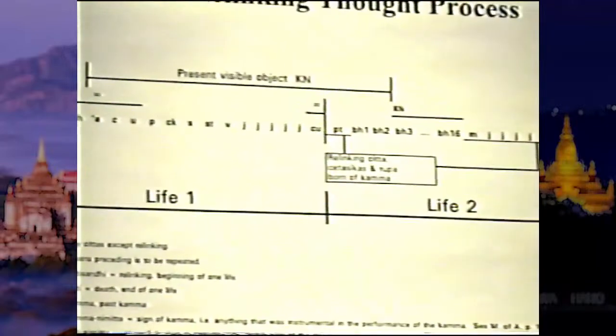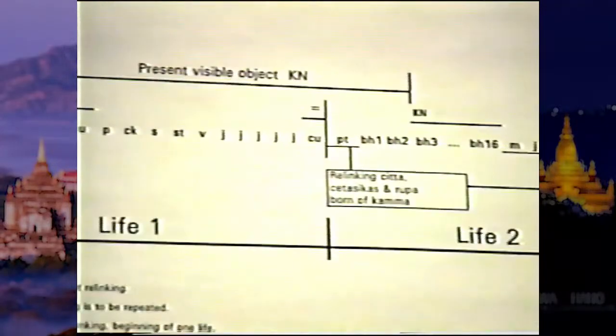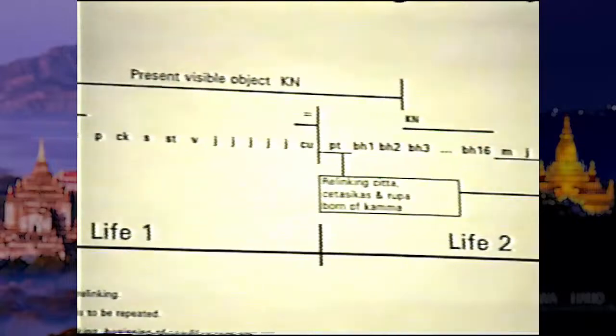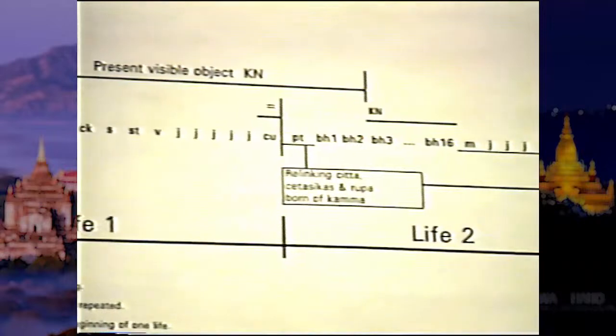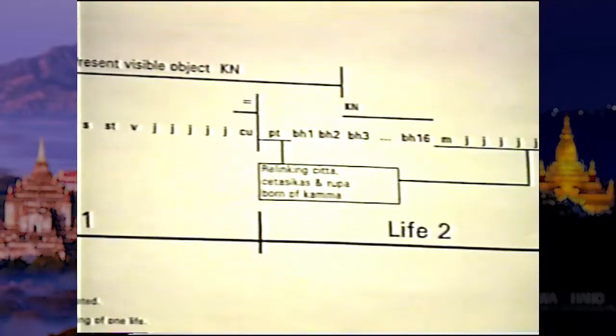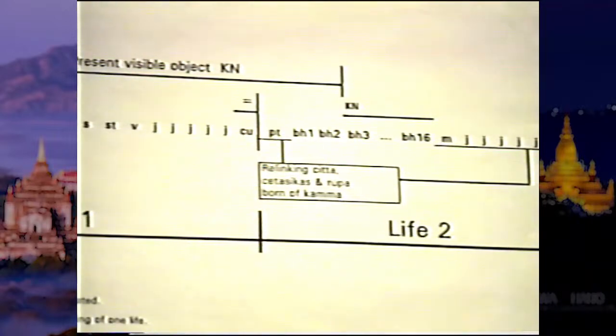Okay. Now, visualize 3 sub-moments of patisandhi, right? So, first, second, and third. At the first sub-moment, karma-born rupa arises, right? At the second sub-moment, temperature-born rupa arises. So at that moment, it is the first moment of temperature-born, although it is the second moment of patisandhi, right?